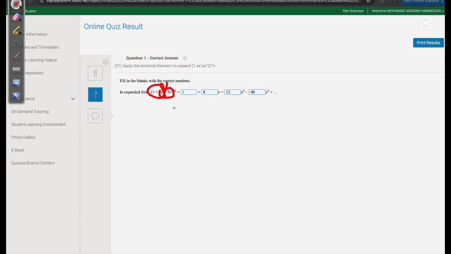Let's start with Pascal's triangle to know the coefficients: 1, 1, 2, 1, 1, 3, 3, 1, 1, 4, 6, 4, 1, which will be the coefficients if the power is 4.